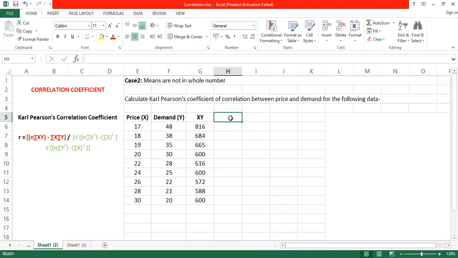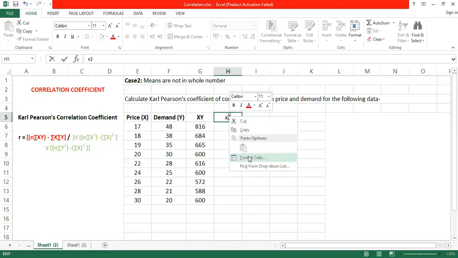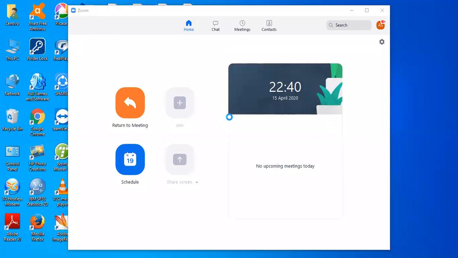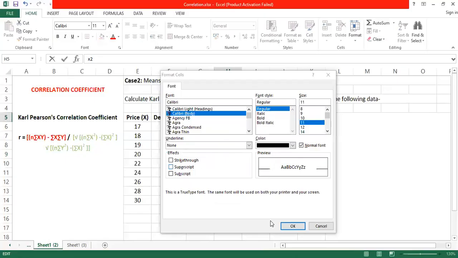Next, we need to add a column which is X square.